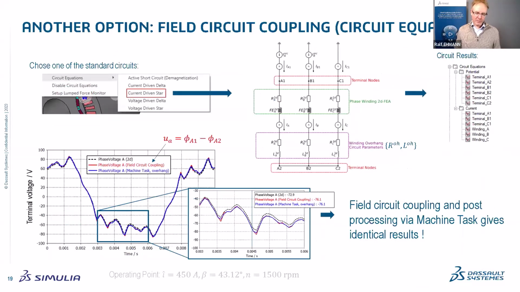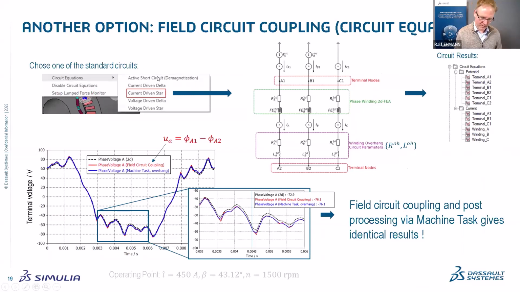Okay, there is another possibility often used in, let's say, competitor tools, and also what maybe you are used to in Opera when you set up such things. You couple finite element with the circuit description. This is also possible in CST.